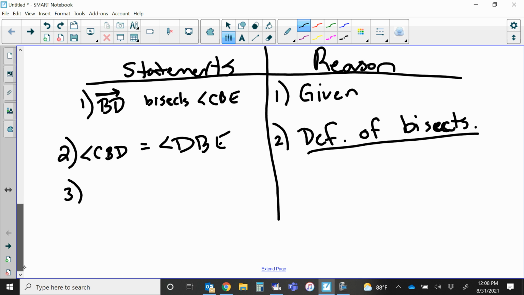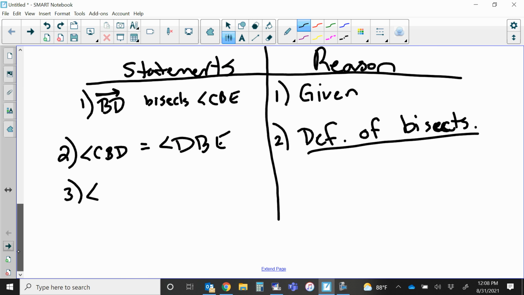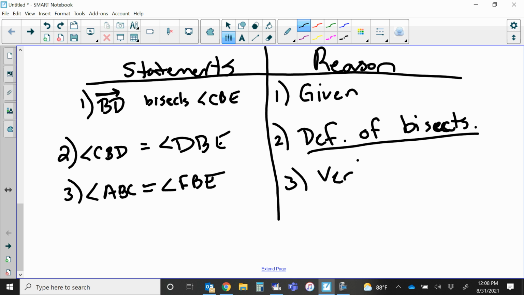So what does that mean? Angle ABC is congruent to angle FBE. Good. And why is that? Vertical angles. That is your reason why.